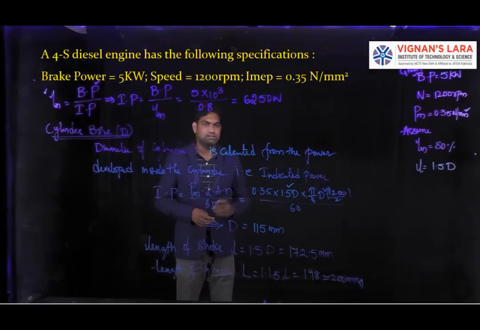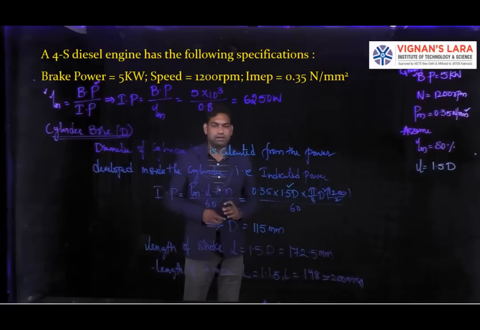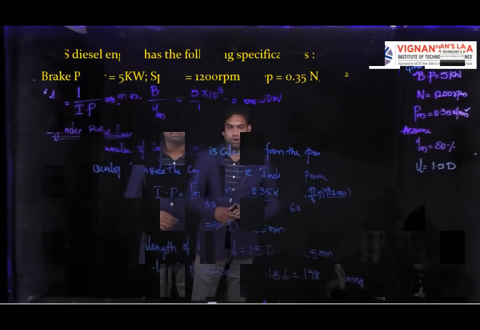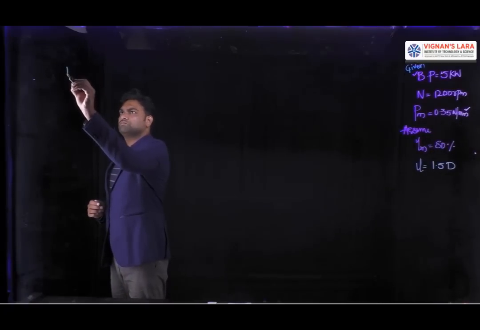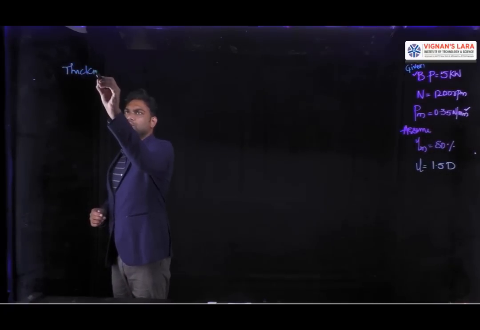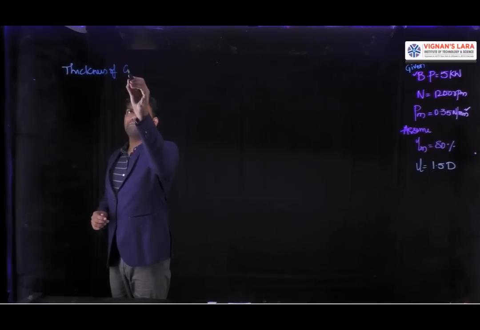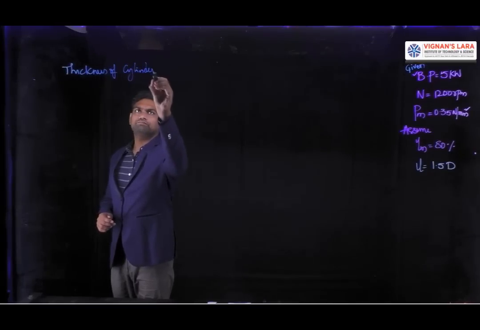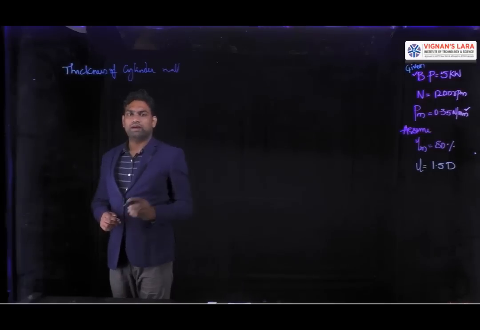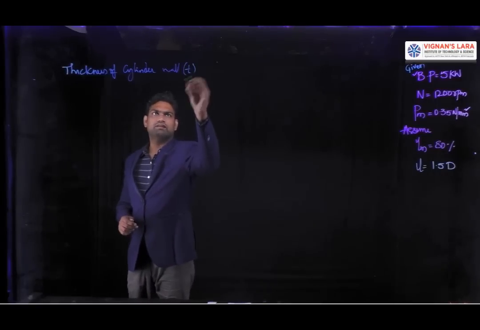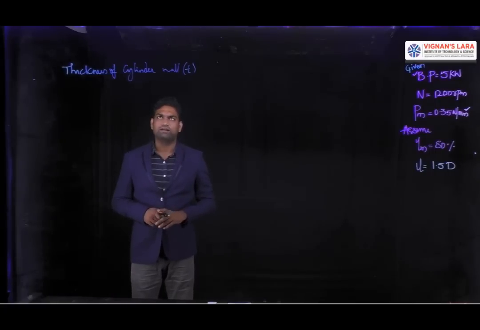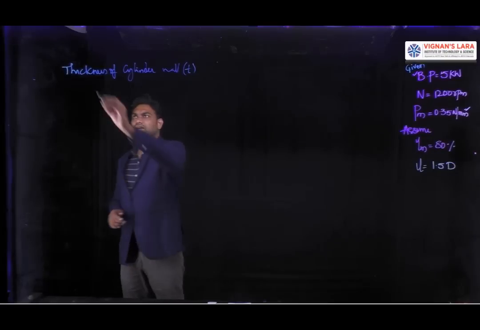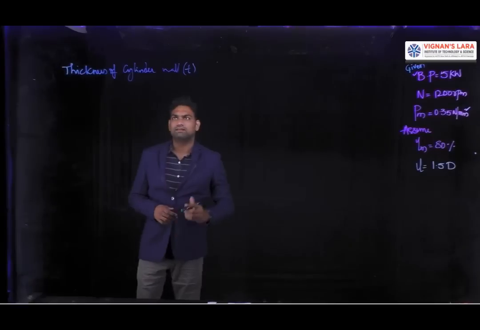And next let us calculate the thickness of cylinder wall, that is small t. The next step, you can calculate the thickness of cylinder wall. For calculating the thickness of cylinder wall, we need to mention how it is going to be calculated. Here the thickness of cylinder wall is calculated by considering it as a thin cylinder.